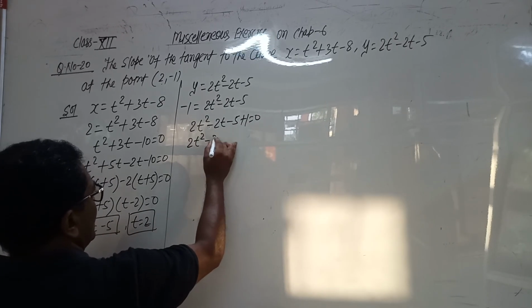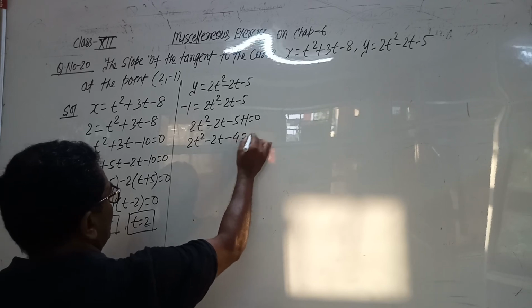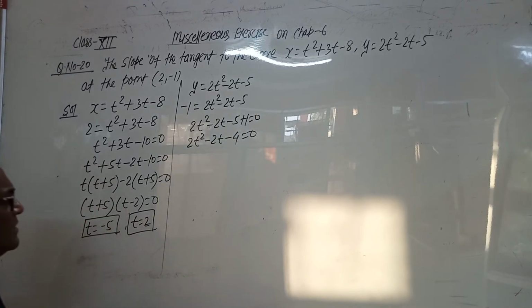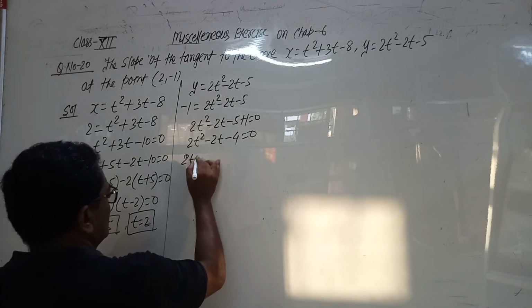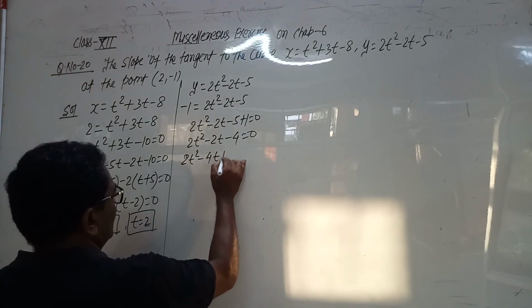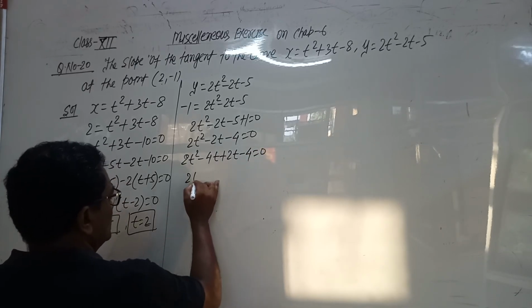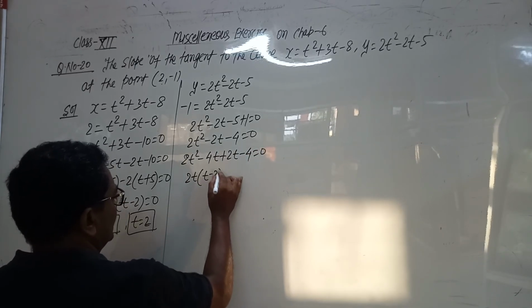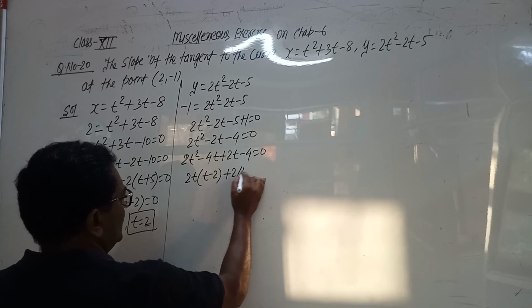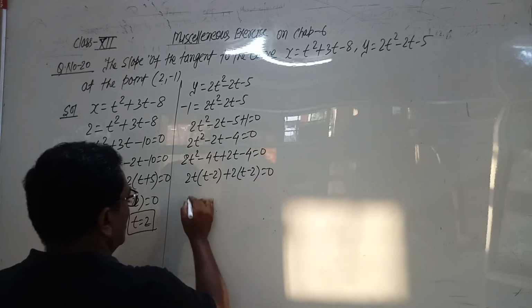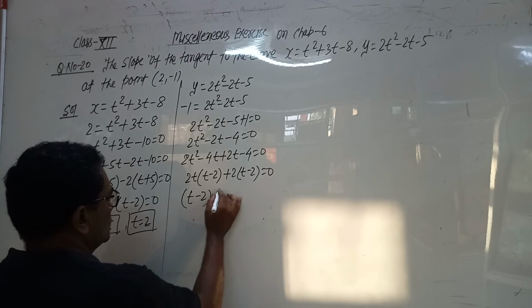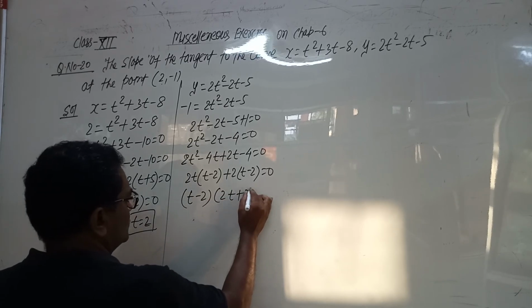So 2t square minus 2t minus 4 equals 0. Make its factors: 2t square minus 4t plus 2t minus 4 equals 0. 2t is common, so t minus 2, plus 2 is common. t minus 2 and 2t plus 2 equals 0.